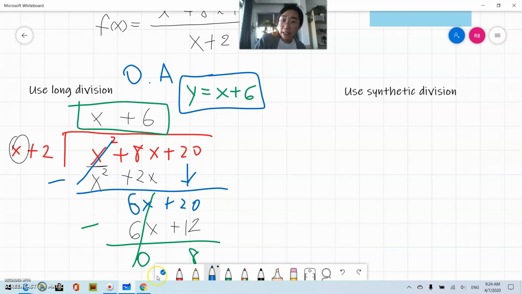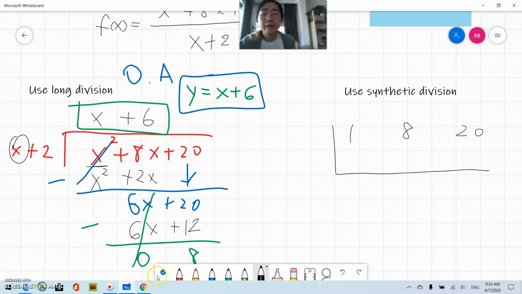So what does it look like in synthetic division? It looks like this. The synthetic division setup is getting all the coefficients from the numerator. So it's 1, 8, and 20. And then you always have to think about, okay, what x value makes x plus 2 equal 0? It's negative 2. Right? And then you bring down the first one always. So 1 times negative 2 is negative 2, and 6.